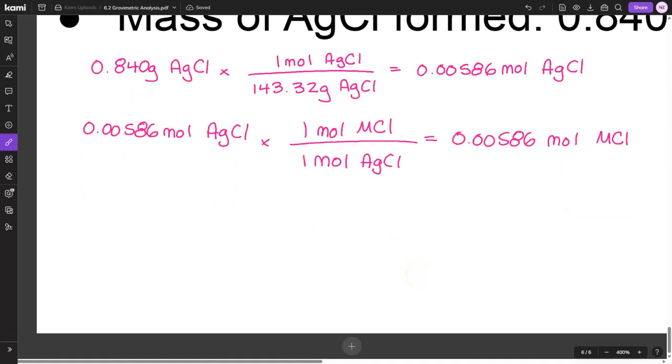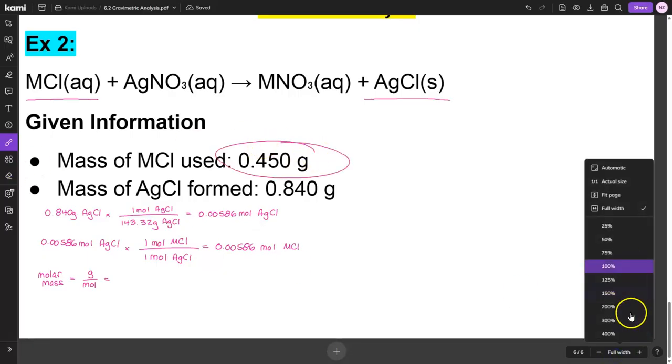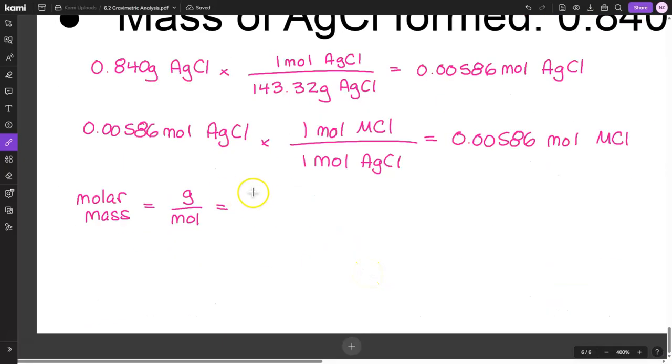So now let's find our molar mass. Our molar mass is grams over moles. And from our question, the grams of our metal chloride was 0.450. And we had 0.00586 moles that we just found here. So if I plug that in, I get 76.8 grams per mole.